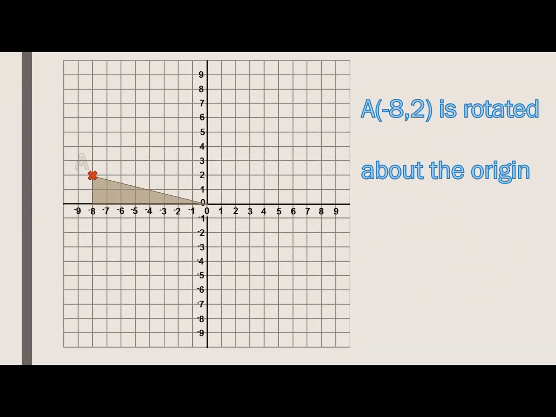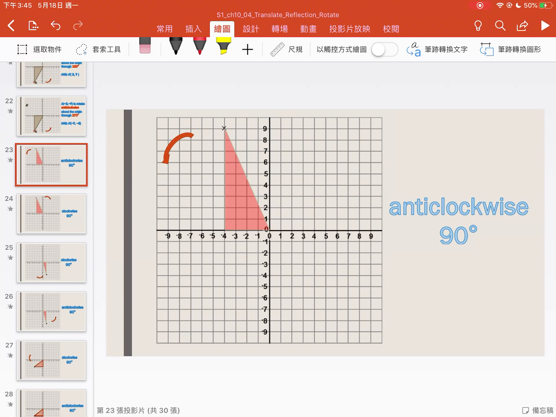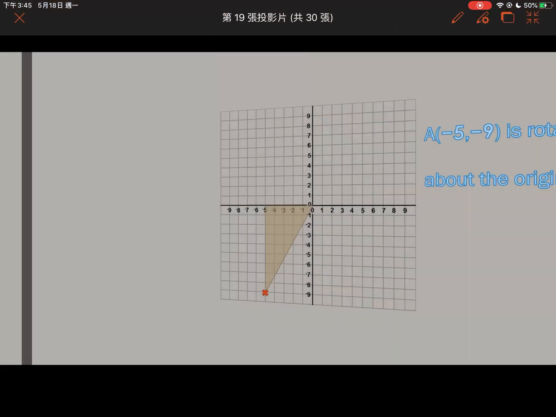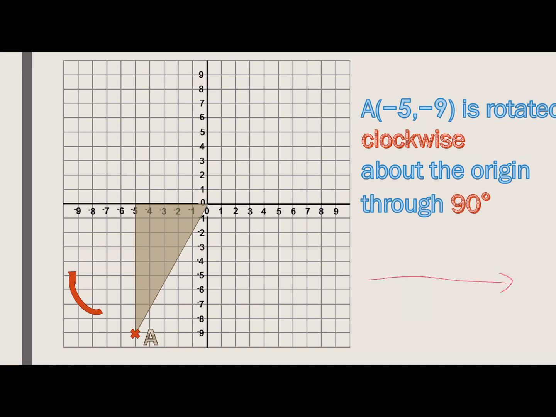Practice makes perfect. Some other example, maybe this one. -5, -9, rotate clockwise about the origin through 90 degrees. So draw very quickly from the origin, go left by 5 steps, and then go down by 9 steps.